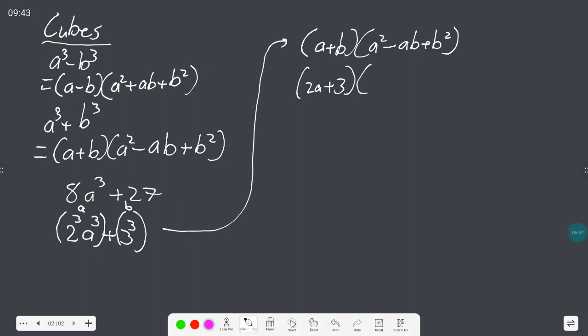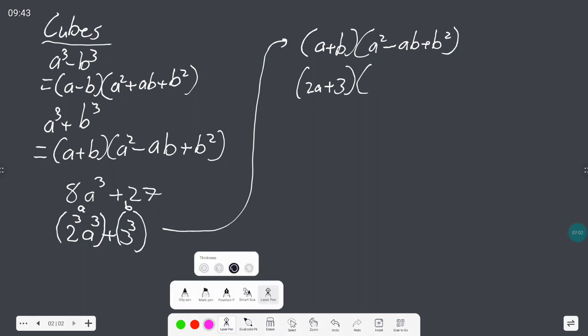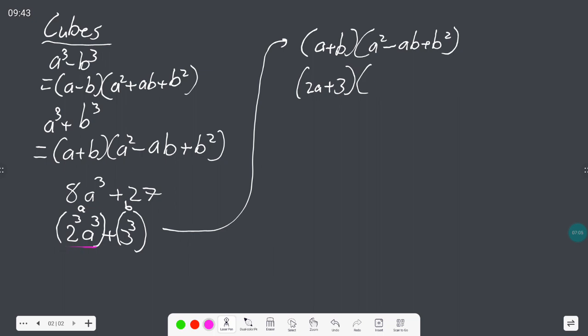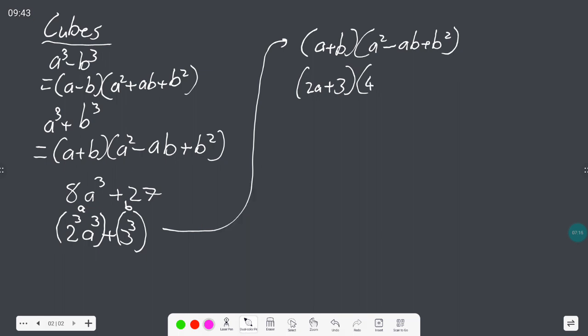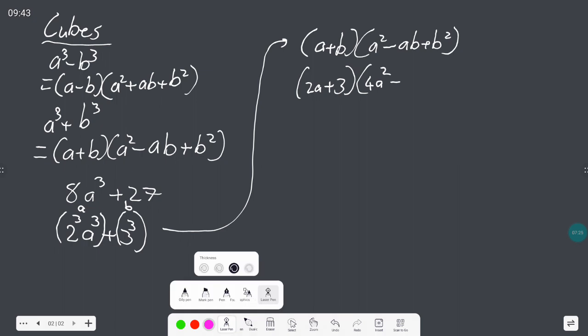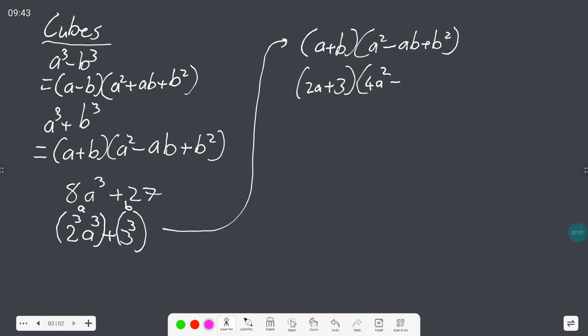My second bracket, I have to square everything in a. That means this entire part I must square. So what is 2 squared? 4. So I've got 4, and a squared will just be a squared minus, now in this part it gets interesting. I basically have to say my a value multiplied by my b value.